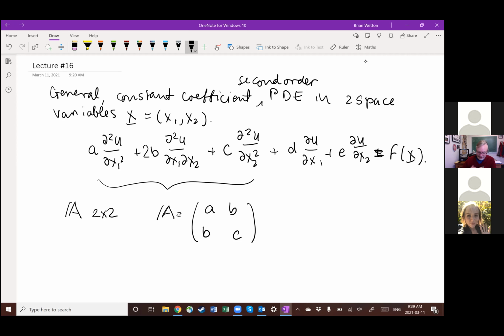Okay, so notice it's symmetric. And so it's going to have real eigenvalues with orthonormal eigenvectors. Oh, that's going to come up in what follows.